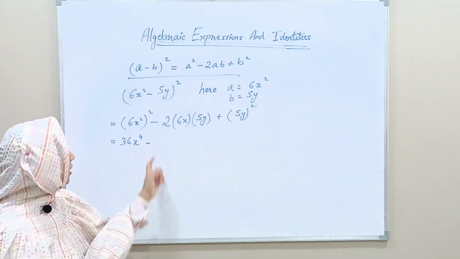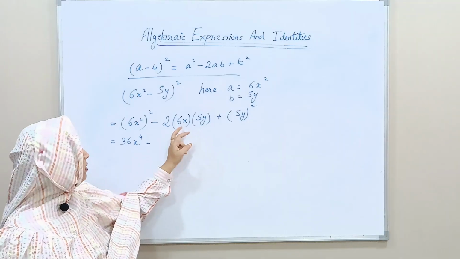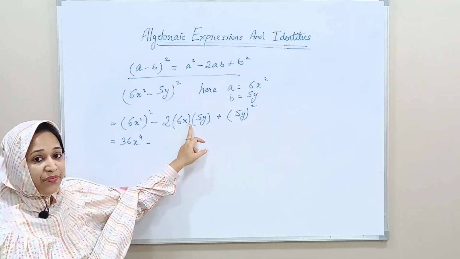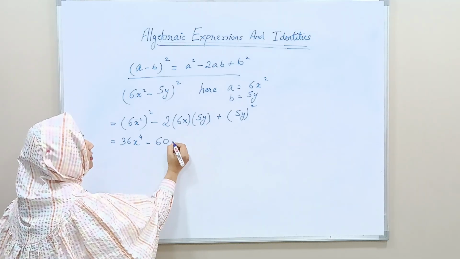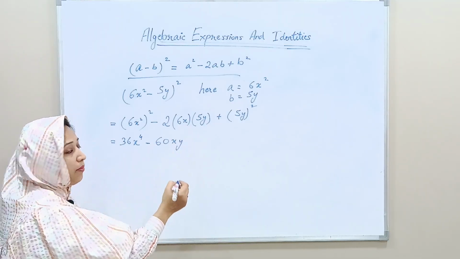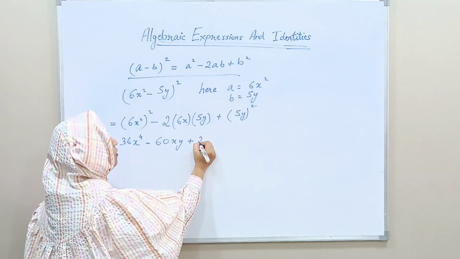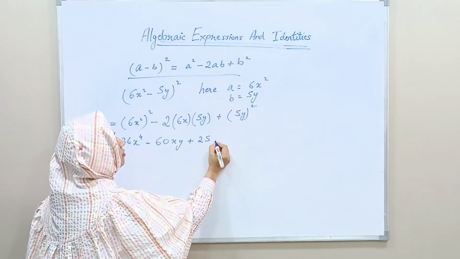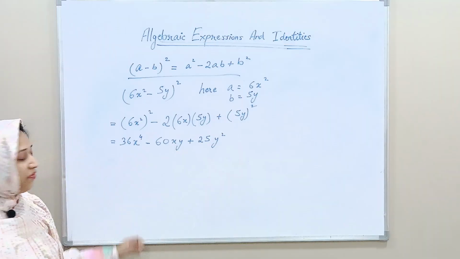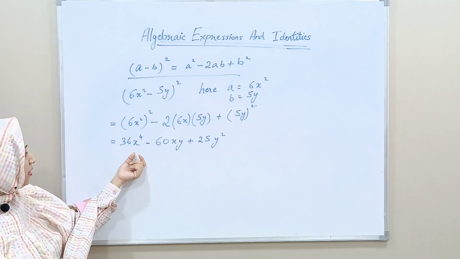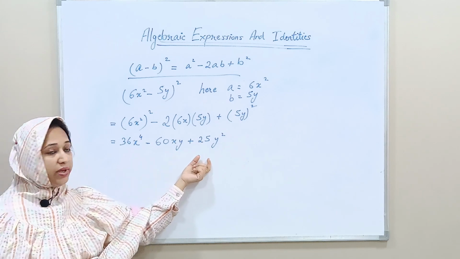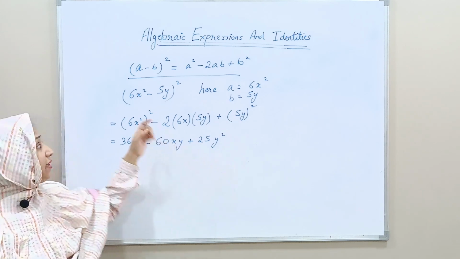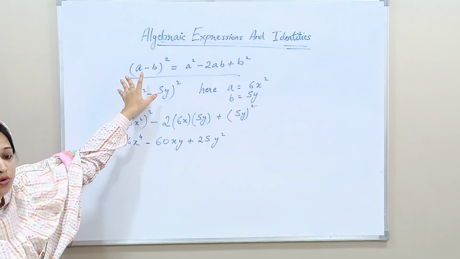Minus, multiplying all the digits, 5 sixes are 30, 30 into 2 is 60, so this becomes 60x²y, plus 5 square is 25y². So this is your final answer, 36x⁴ - 60x²y + 25y², using the second standard identity (a - b) whole square.